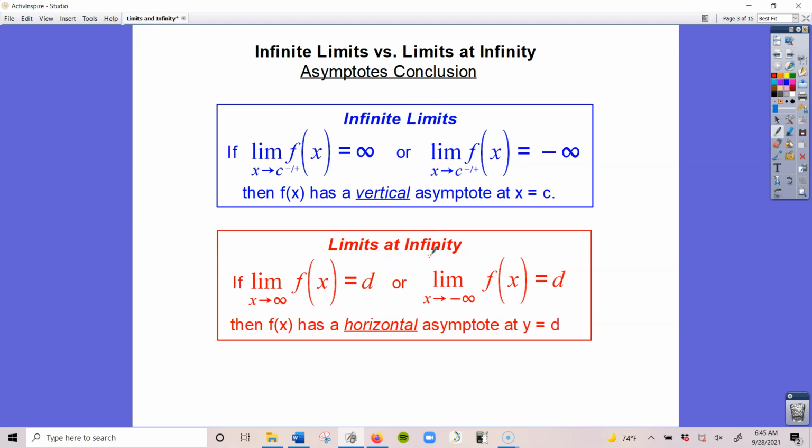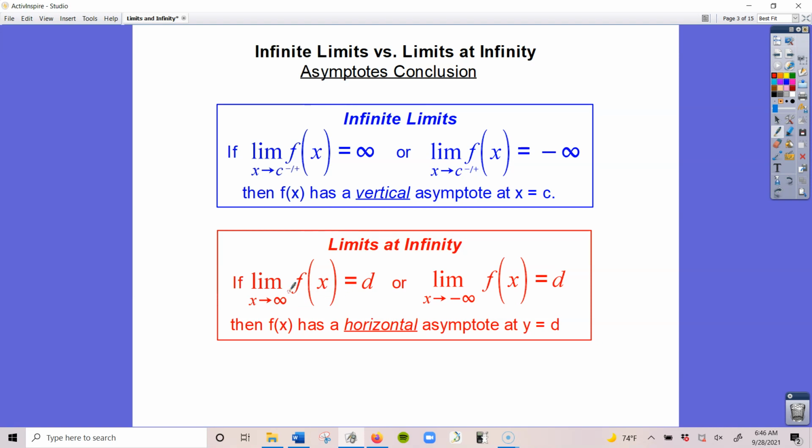Then we have our limits at infinity, which is where x is approaching infinity or negative infinity. These are the limits that we use to describe end behavior. And horizontal asymptotes do exactly that. They affect the end behavior of the graph, because then our graph cannot go up or down forever, but levels out at the horizontal asymptote.